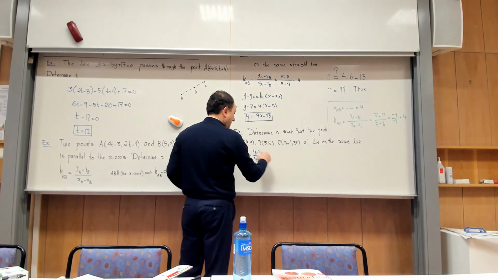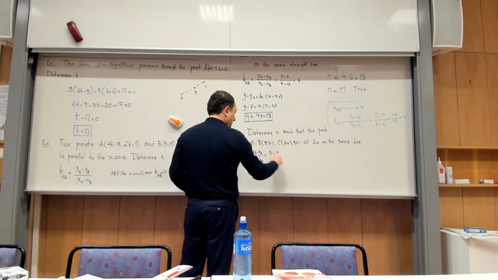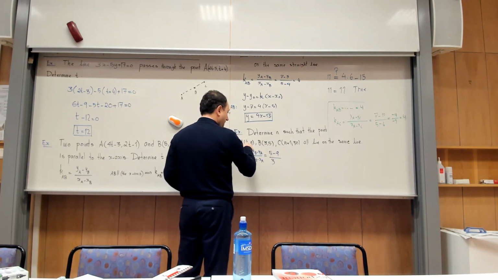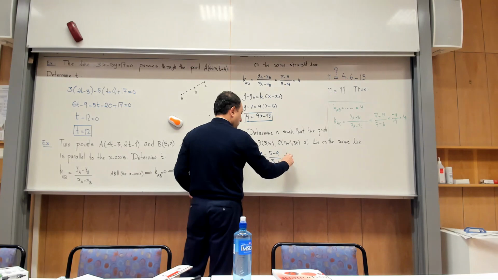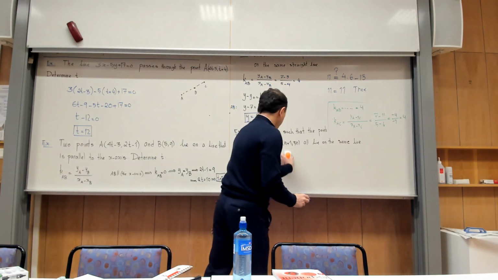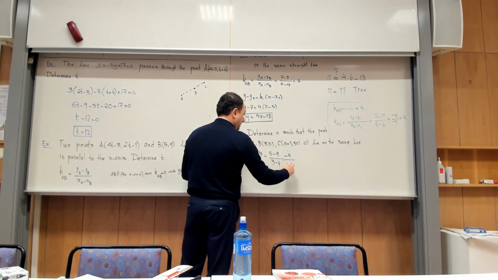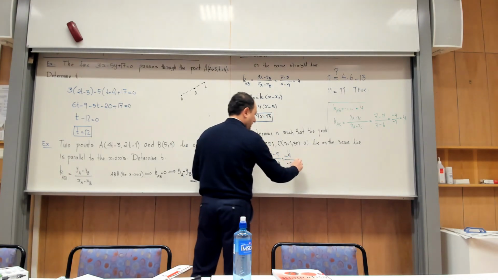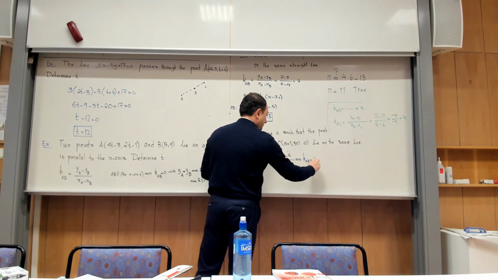So y of B is 5, y of A is 9, divided by x of B is 3, x of A is 4. So if you calculate, it is minus 4 in the numerator, and minus 1 in the denominator. So the k value of AB is equal to 4.